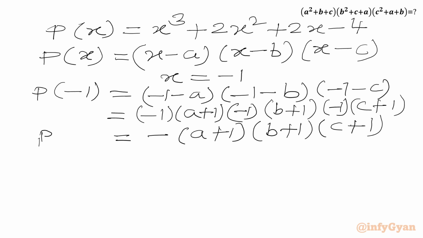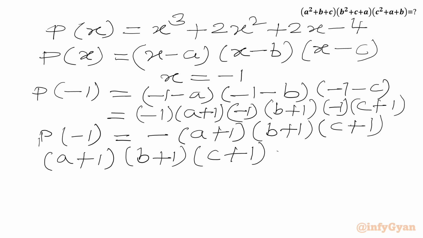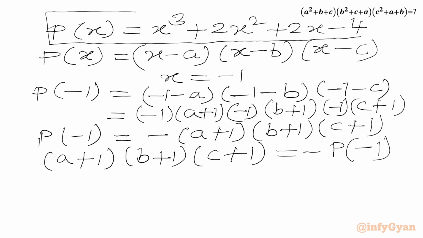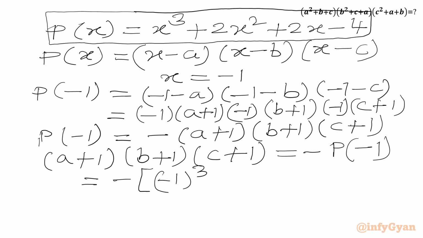So we will keep the required expression a plus 1 times b plus 1 times c plus 1. This is nothing but minus of P of minus 1. Now here we are going to put x equal to minus 1. So we will get minus of P of minus 1, which is minus 1 cube plus 2 times minus 1 square plus 2 times minus 1 minus 4.